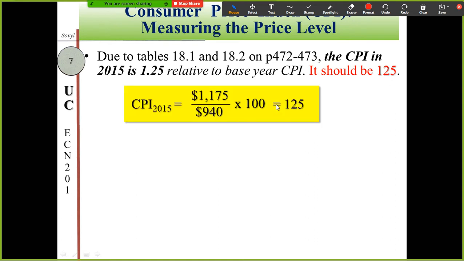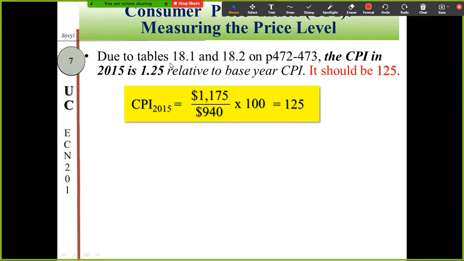How to get 125? By multiplying by 100. The textbook does not multiply by 100, that's why it's only 1.25. It is the cost of the basket in 2015 divided by the cost of the basket in 2010, but it must be multiplied by 100 to get 125.